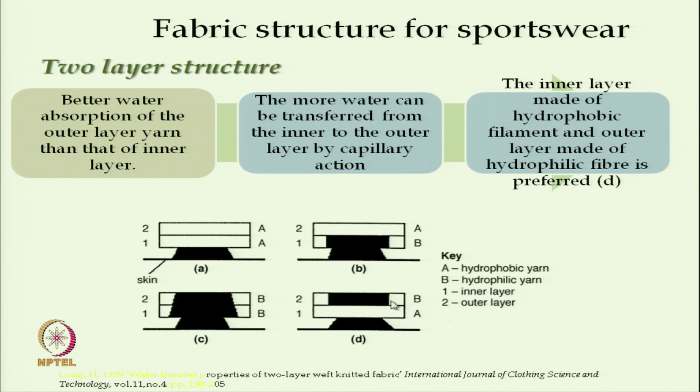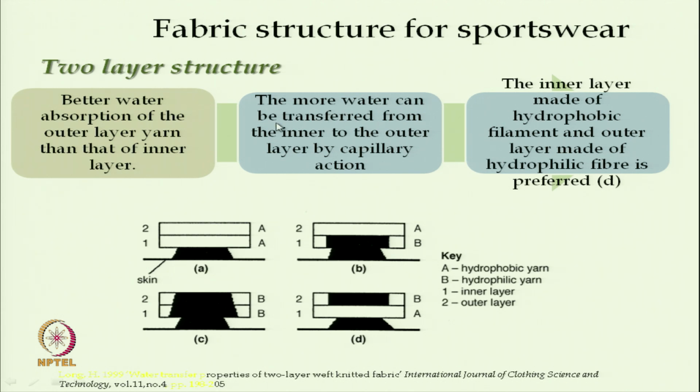This is just the reverse of what we have discussed. There is better water absorption of the outer layer yarn than the inner layer. So, the outer layer, B, is actually preferred here, that is what has been proposed.